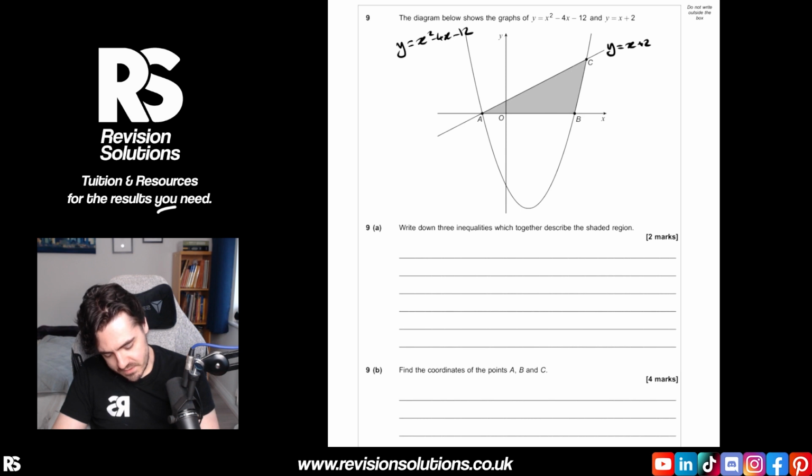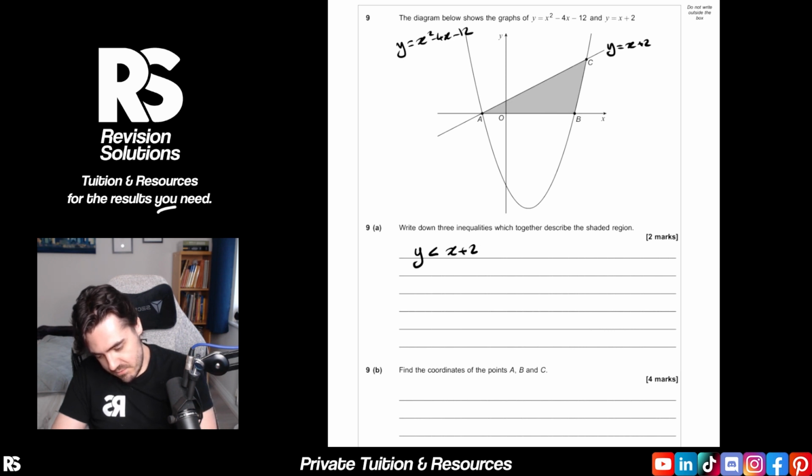And the first thing I would do is, let's start by just thinking about y being less than x plus 2, that would define everything below our straight line. So all this. And then if we included y being greater than the quadratic, so y being greater than x squared minus 4x minus 12, that would then limit that region we had, but we have to only take points that are bigger than the quadratic.